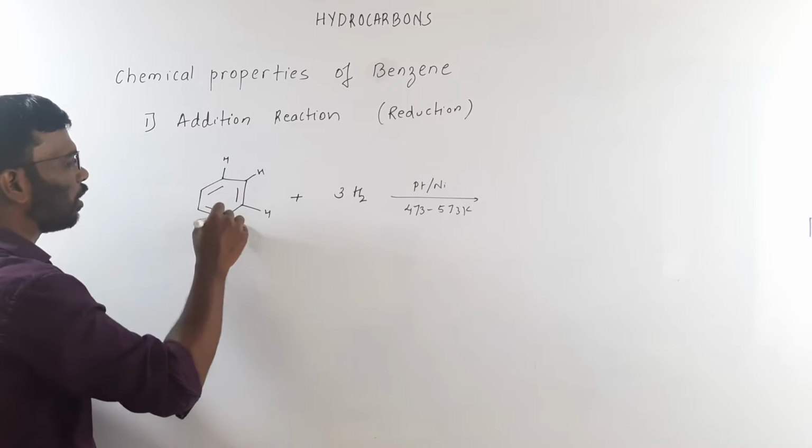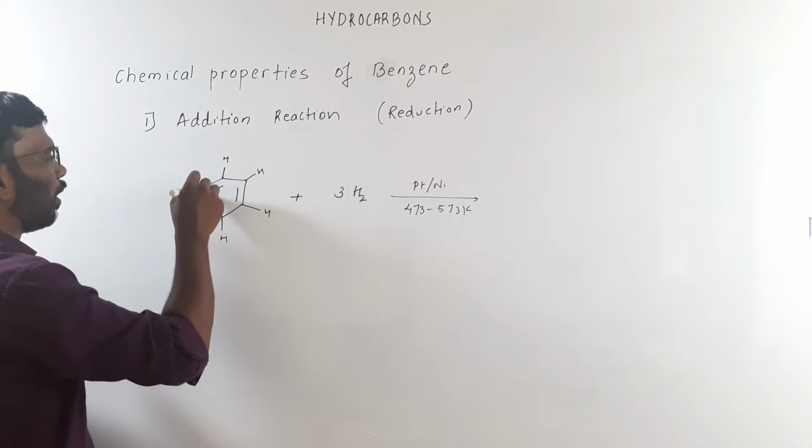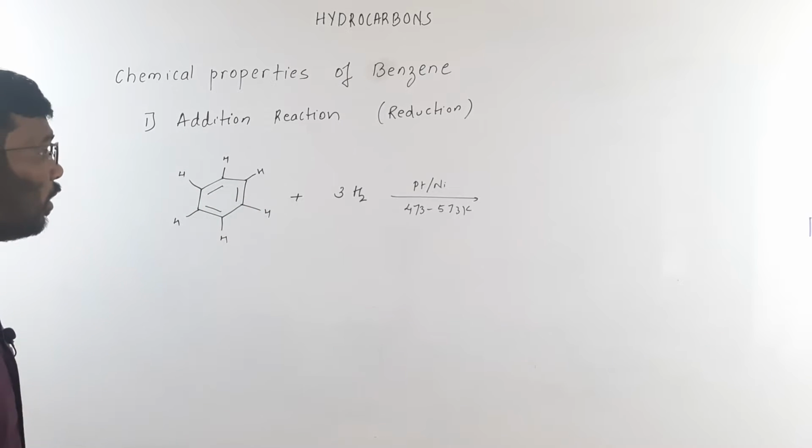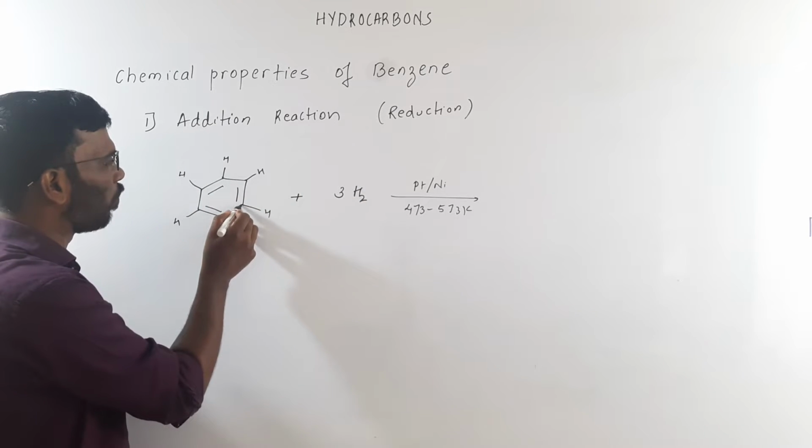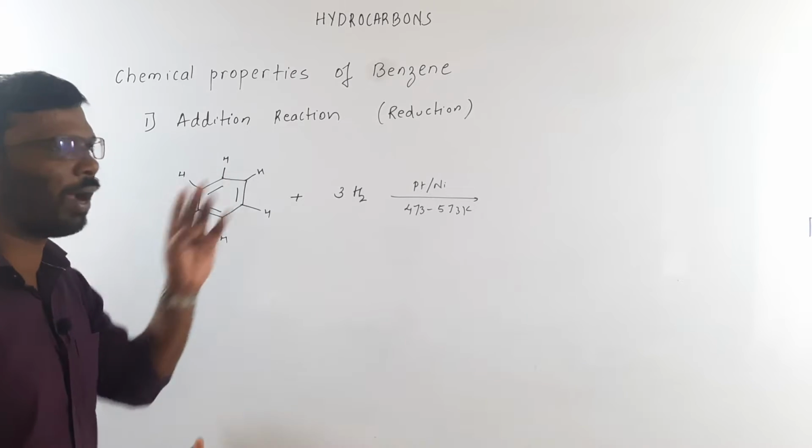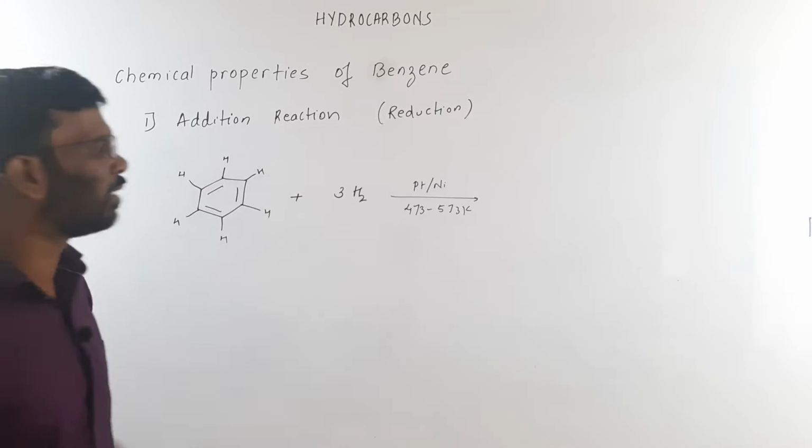This is the bond line structure which we write for the benzene, and these are the hydrogens which are present. So there are altogether 6 hydrogens over here, and everywhere hydrogen will be added, and this will also be called a reduction reaction.